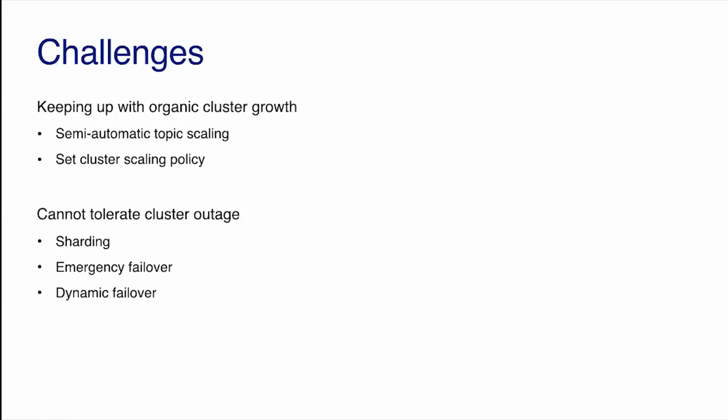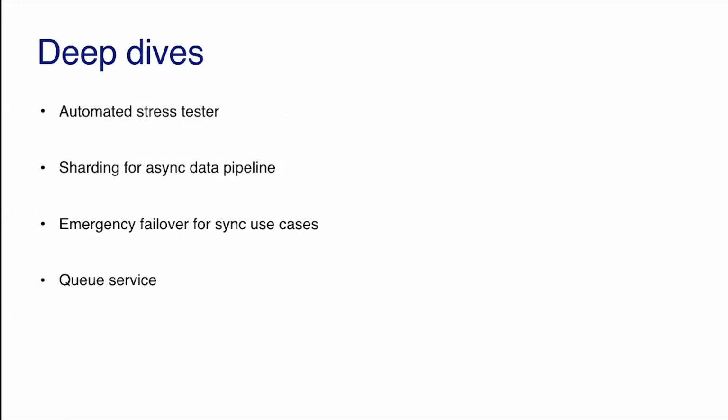All right. Cool. For the second part of this talk, I'm gonna cover a few of the highlights that we did in the past year that helped us combat those challenges. As Yuchi has mentioned, we built this automated stress tester that helped us find the throughput limits of our Kafka clusters.